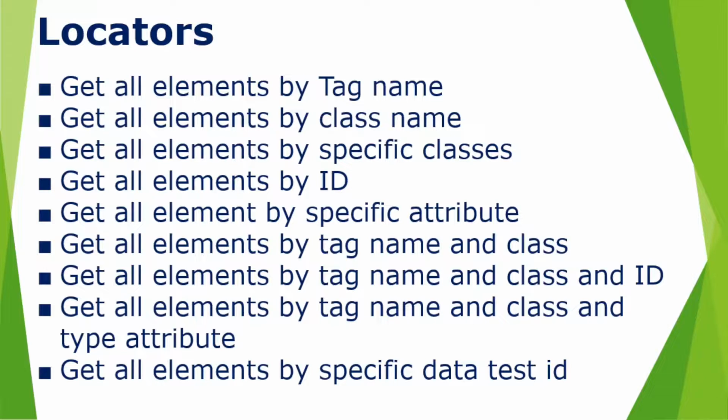I'm also going to teach you how we can get elements with a combination of two different attributes. Here I'm going to teach you how to get an element with the tag name and class, or by using tag name, class and id, which means I'm specifying three attributes: tag name, class and id. And then how you can get elements by using tag name, class and some attribute like type, right?